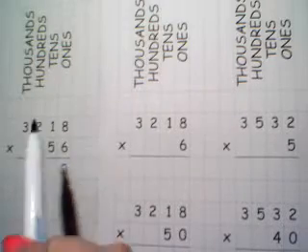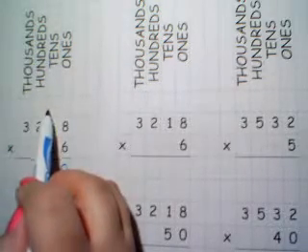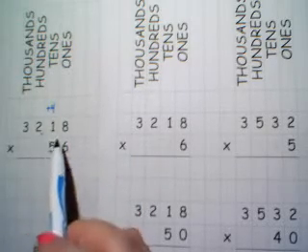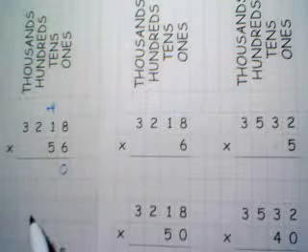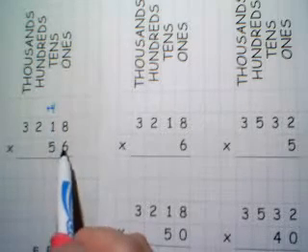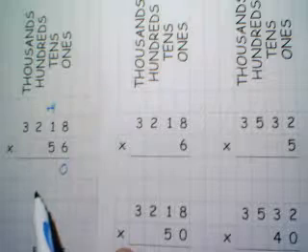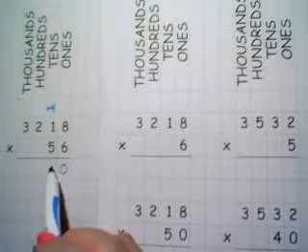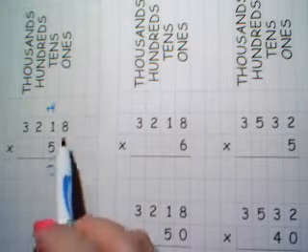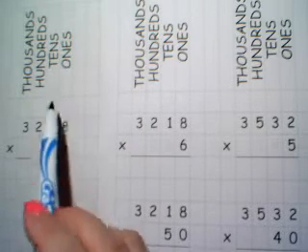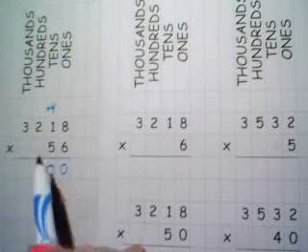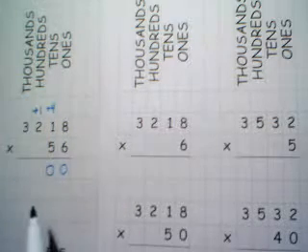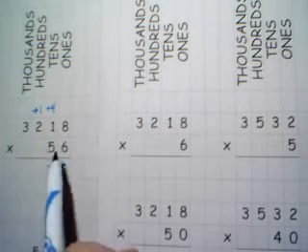Then we're going to put our 4, or our 4 groups of 10, up above our next digit. Then we have 6 times 1. 6 times 1 is 6, plus 4 is 10. So again, we're going to put our 0 in our next column, and we're going to add our plus 1 above our hundreds number.